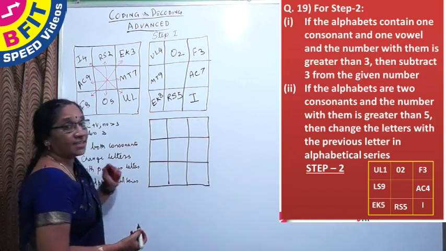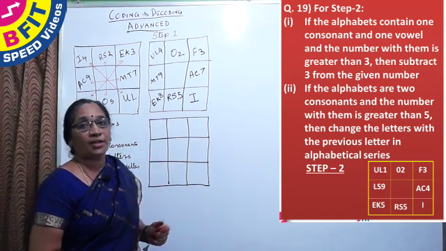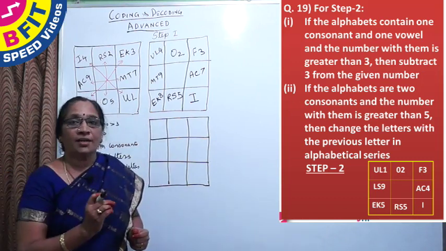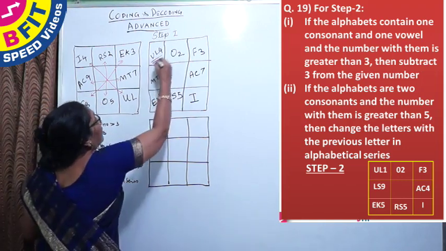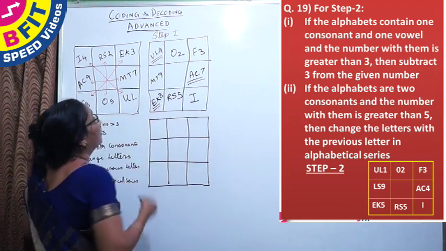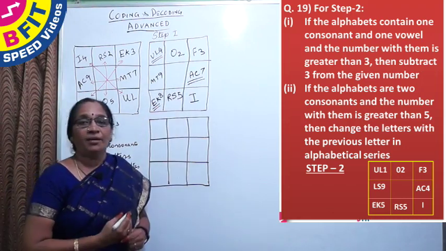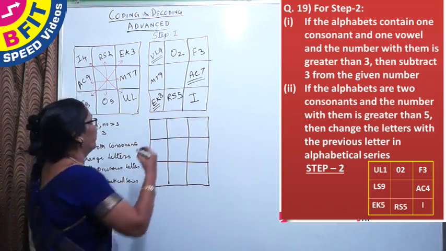So now let us consider the first rule, where the set of letters should contain one consonant and one vowel. In all the cases, the number is greater than 3, so we will have to subtract 3 from them.